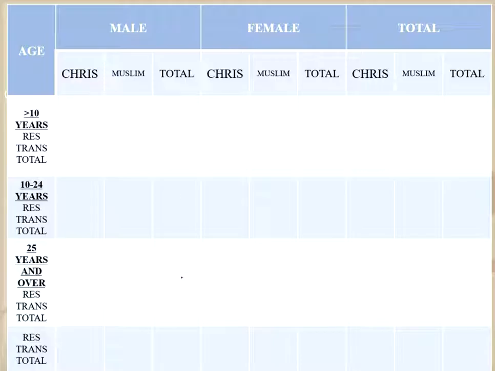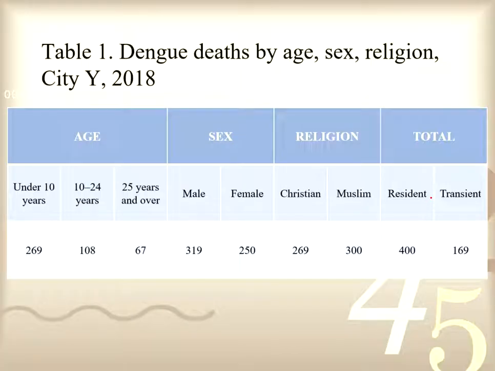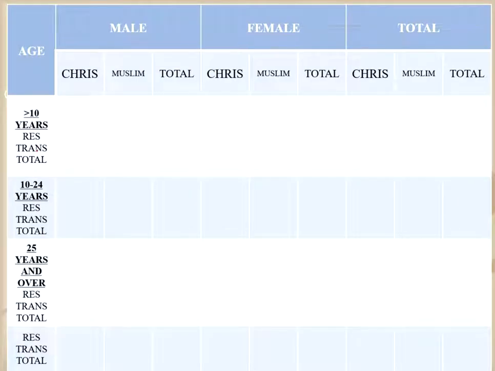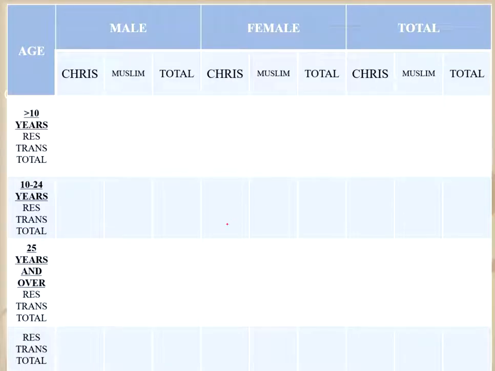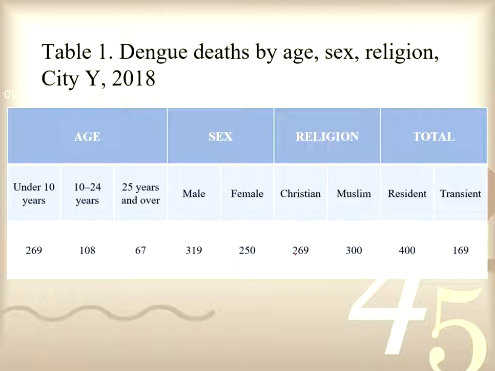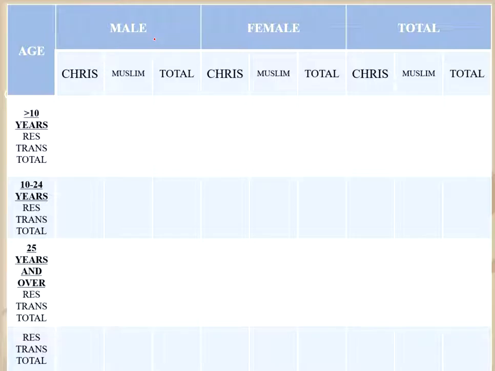So, nilagyan lang natin ang total. And resident and transient. So, total ulit. Dito sa information na to, hindi natin masyadong may ilagay yung body of table kasi hindi sinabi kung ilan yung male at female dito. Pero ganito na yung idea kung paano ka sasama-sama or magtatabulate ng 4 na category or ating data sa isang master table.